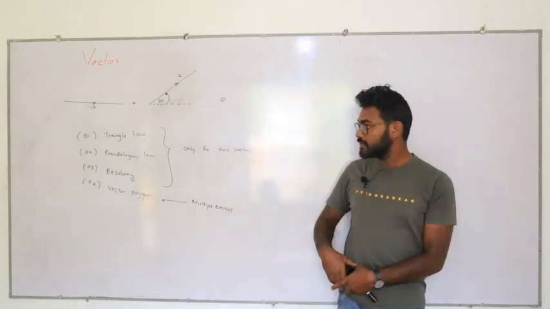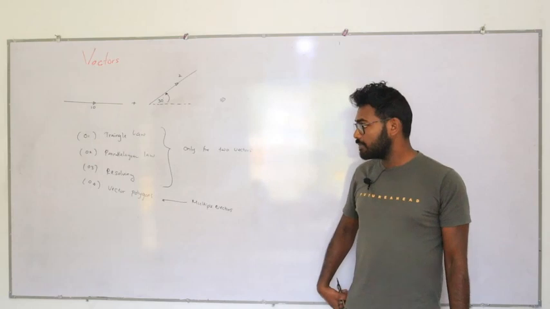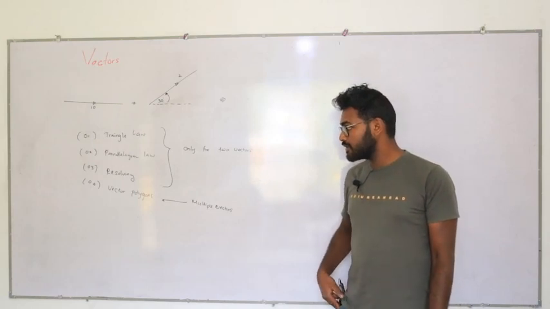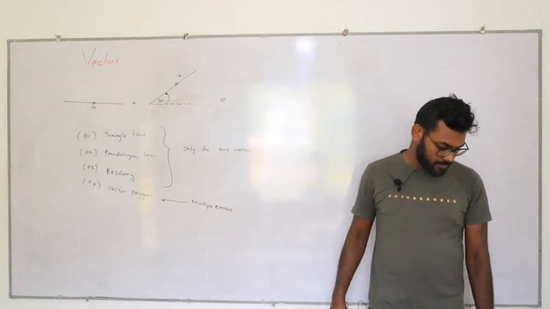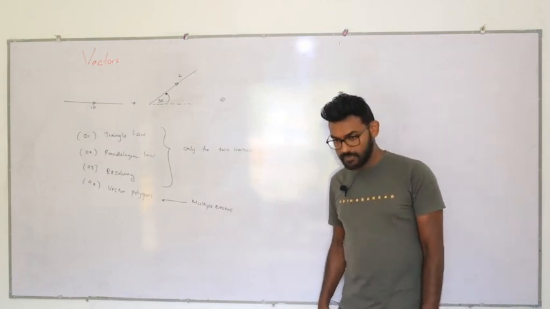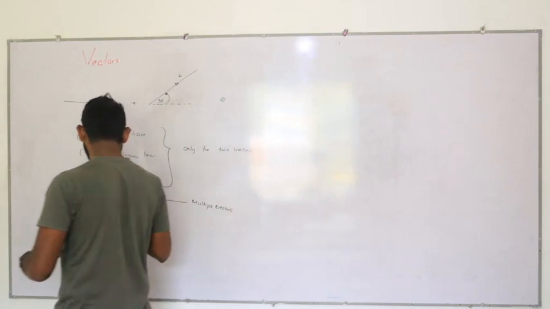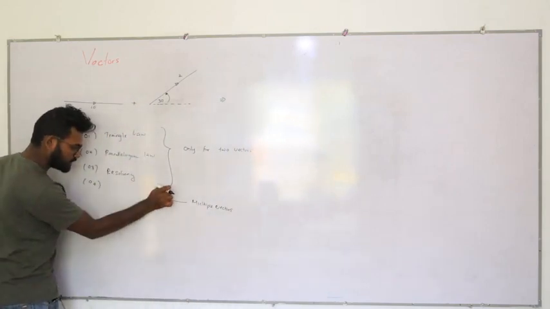Okay, we write these: triangle law, parallelogram law, resolving, vector polygons. Here we write drawing vector polygon. That's good.